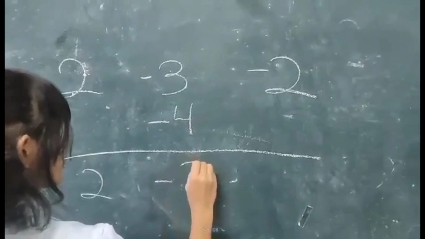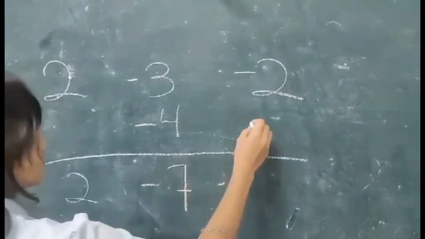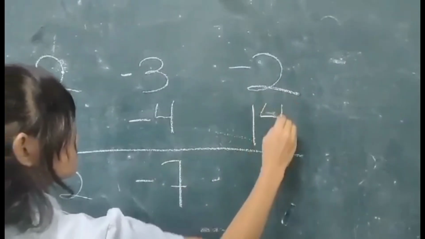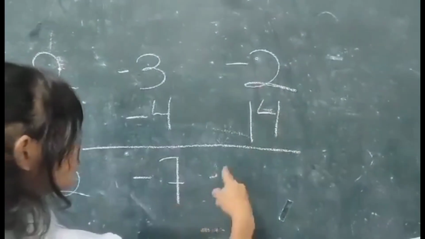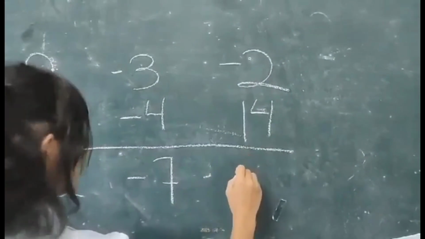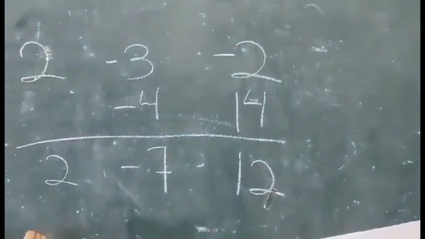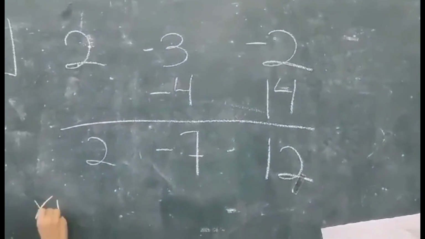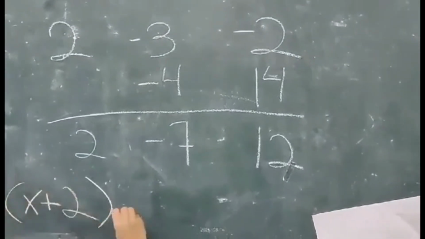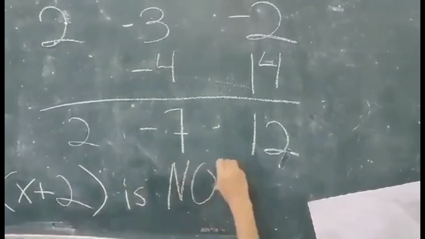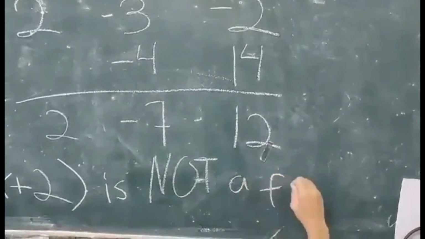Negative 3 plus negative 4 is negative 7. Negative 7 times negative 2 is positive 14, and negative 2 plus 14 is 12. Since the remainder is not 0, we can conclude that negative 2, or x plus 2, is not a factor.